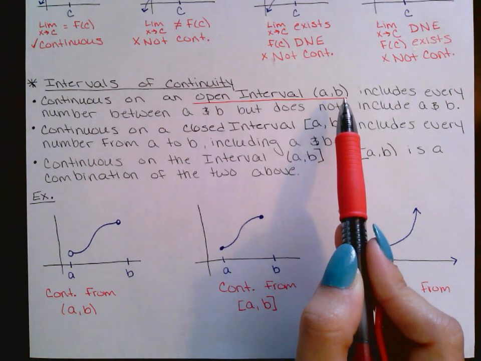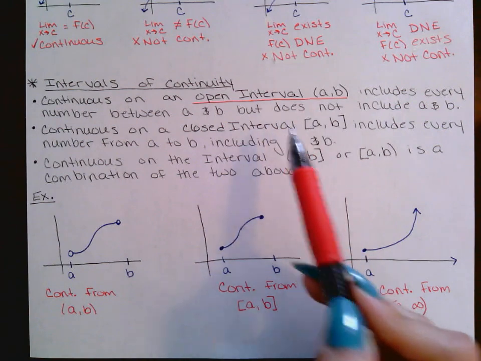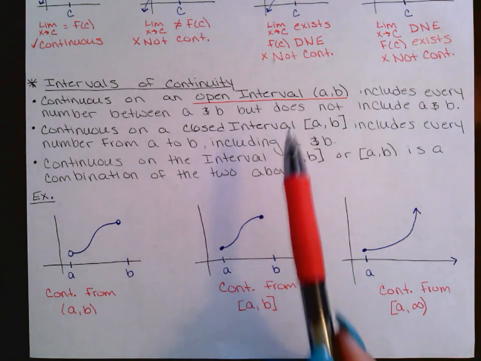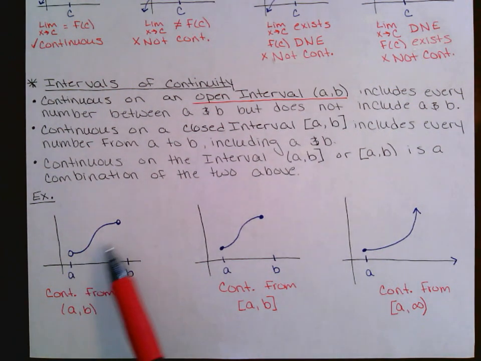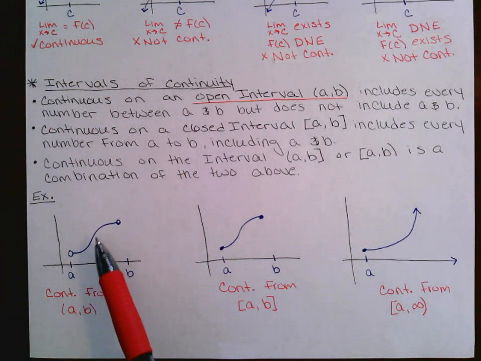Whenever you see the parentheses, it means open interval, and that means that you're including every number in between a and b, but not including a and b. An example for that one is this first image. On the graph, you'll see open circles for open intervals, which are parentheses. So that means everything in between a and b exists, but a and b are not counted as part of the function.